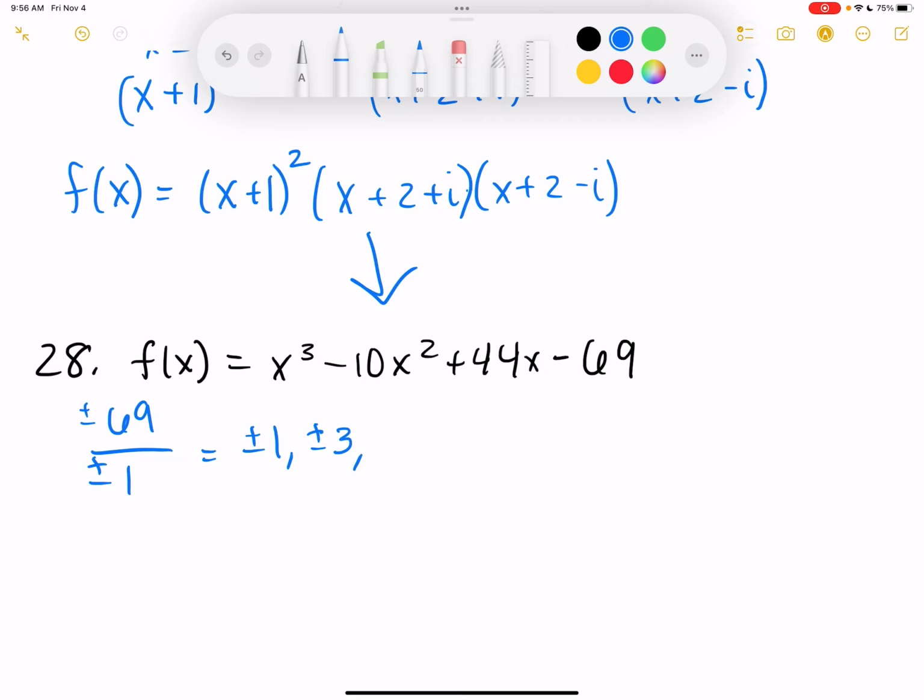No. Well, 3 times what would give you 69? 23. And then 69. Yep. So now you need to graph the function and see where it looks like it crosses.